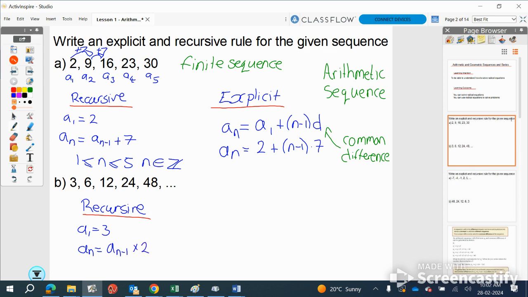How many terms in this sequence? Infinite. This is an infinite sequence. So, how do we define n?